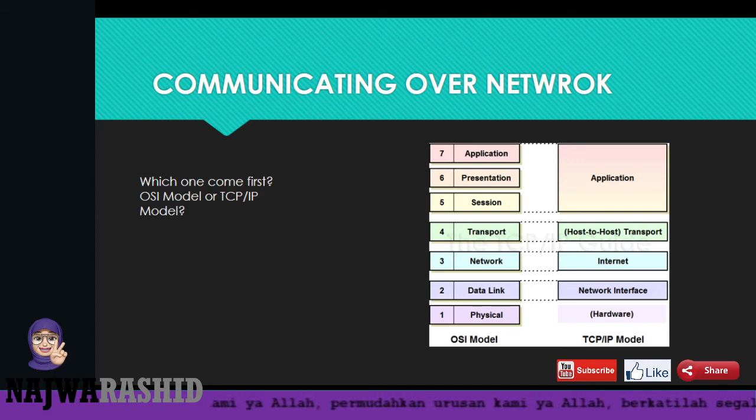So those are the differences between the OSI and TCP/IP models. Both are models that are widely used to explain how communication over the network is done. TCP/IP is a model that existed about 10 years before the OSI model, but the standard we use is the OSI model.